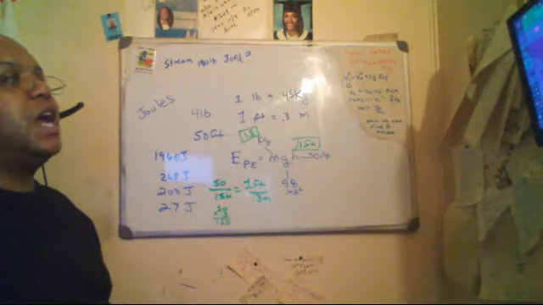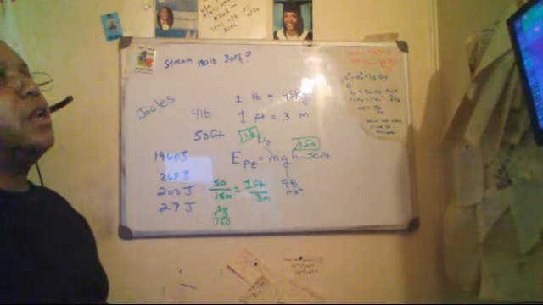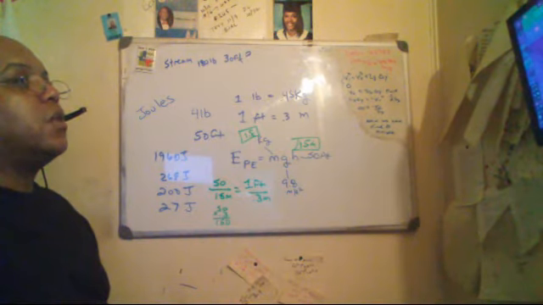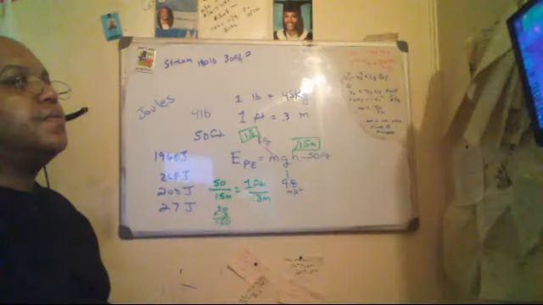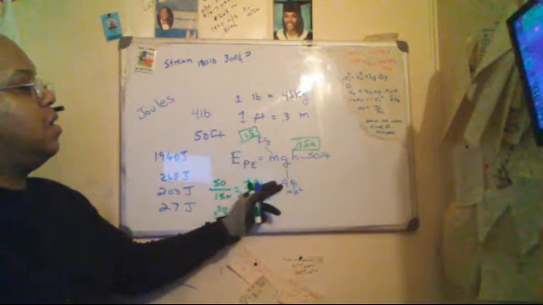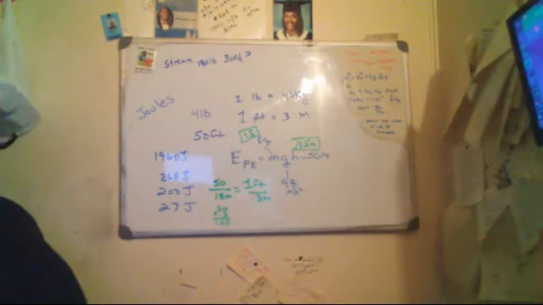Okay, we got 269 in the room, which would be closest to 268. All right. 1.8 times 9.8 times 15. Those are your numbers. Welcome to the room, Michael. What test are you preparing for?